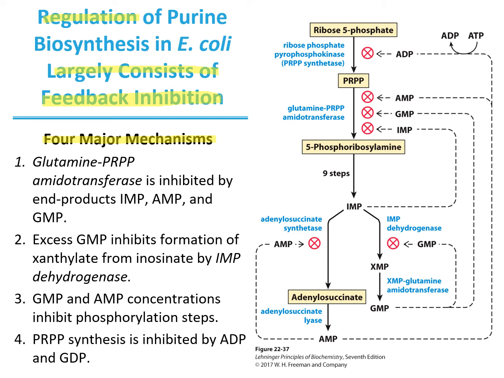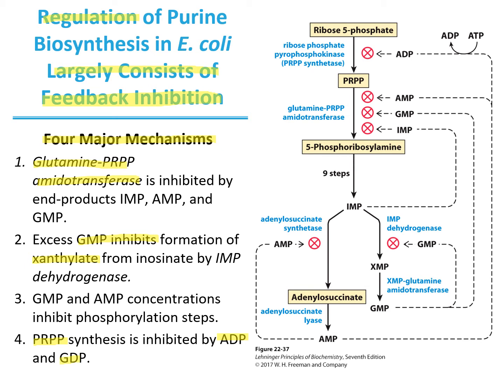By regulating the glutamine PRPP amidotransferase enzyme, which is inhibited by the end products IMP, AMP, and GMP. Excess GMP can also inhibit the xanthylate enzyme, and the PRPP synthesis is also inhibited by the ADP and GDP.